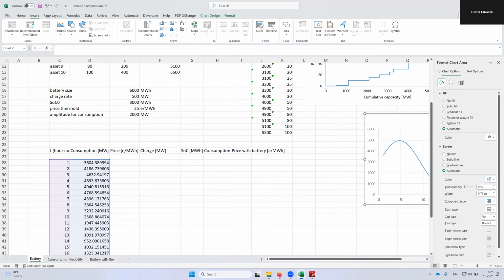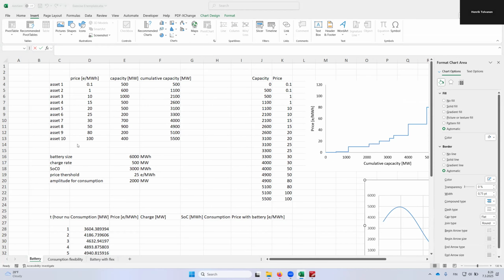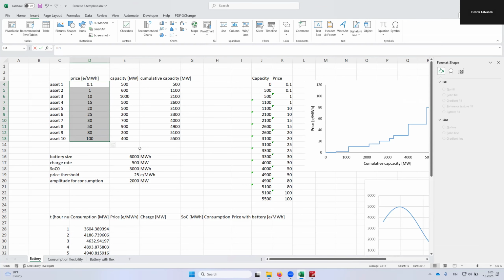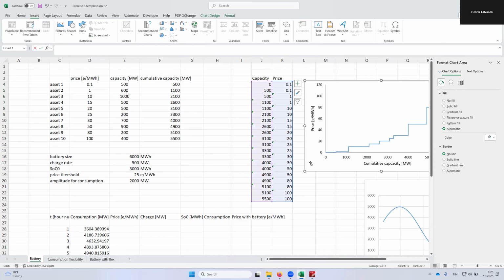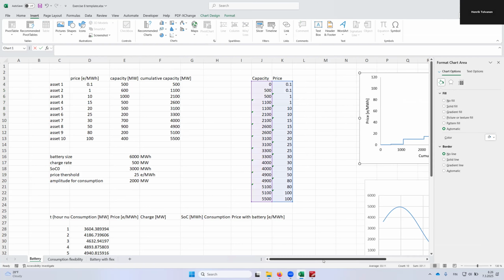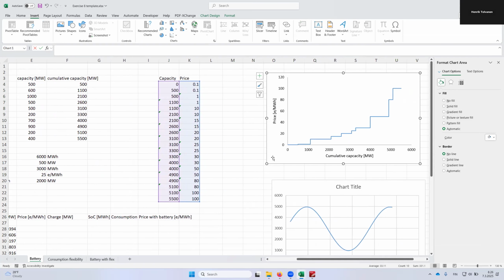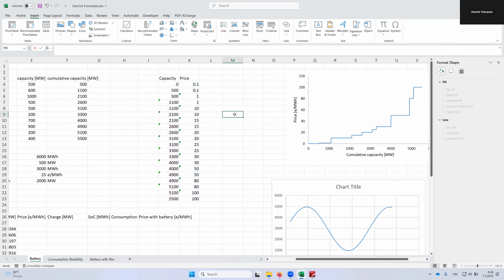And what we want next is to use this, because these assets in here are in price order. So we want to find the price that is resembling this consumption. And actually, if we're talking about an inelastic demand in here, we can say for the demand there are X values and there are Y values.